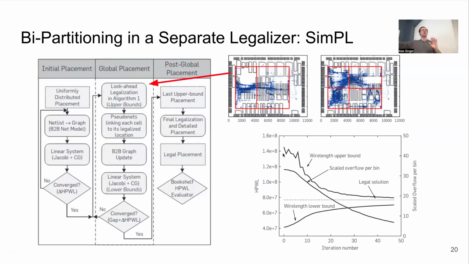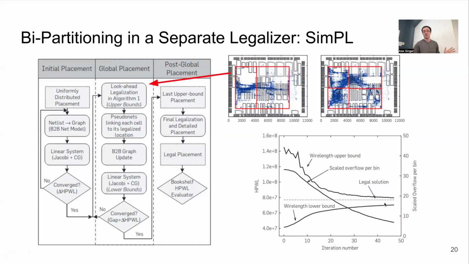Things are put on the wrong side of the chip. Things are really spread out, but they're legal now. We feed that information back as anchor points, and over iterations, the solved solution will get worse because it's moving from the best possible solved solution towards a legal one. But the legalized solution is doing the opposite. It's moving from a legalized solution towards a more minimum objective solution. And we terminate once this gap becomes small enough.